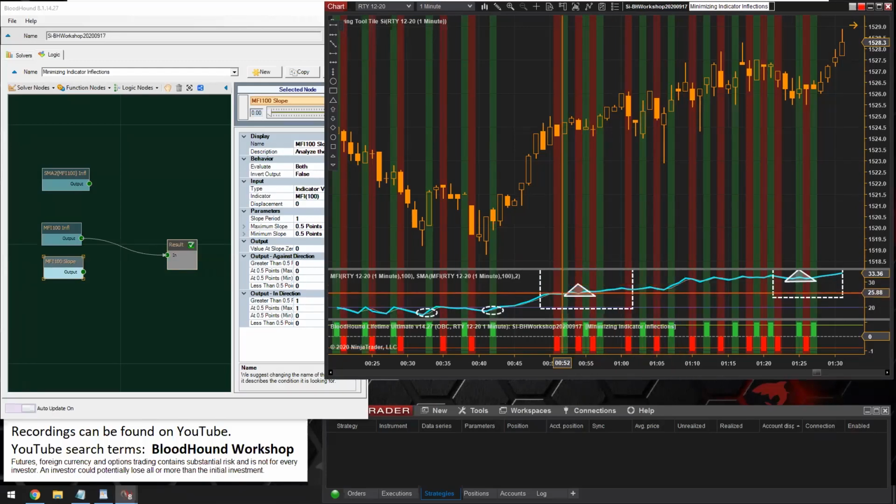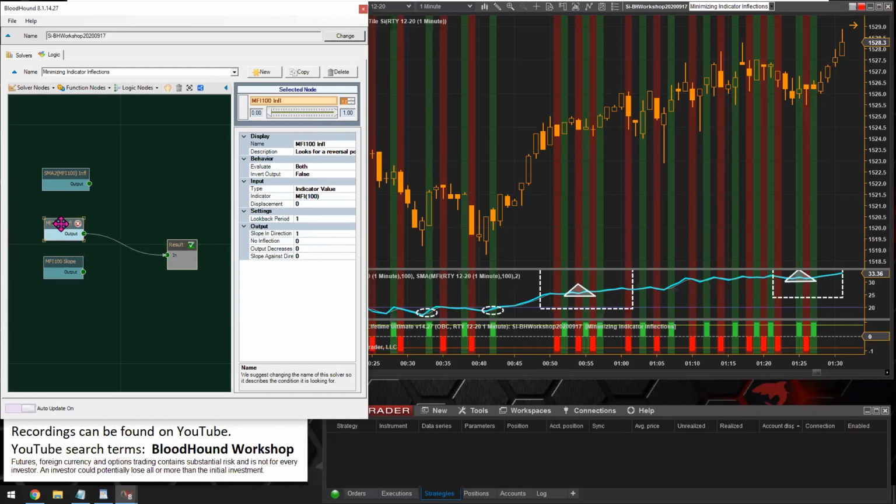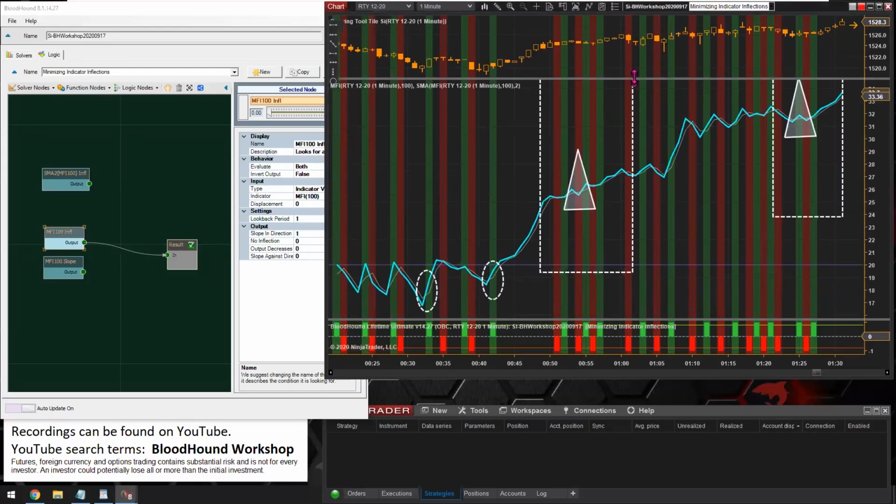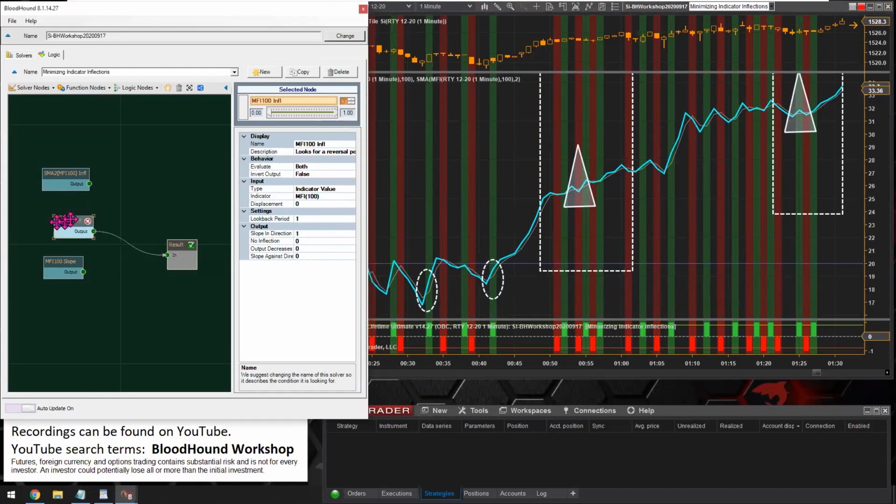And so most notably, we want to get rid of the short output of the inflection solver. That's probably going to be the primary goal, if you're looking at the inflection of an indicator and it's sloping upwards. So again, we're looking at the inflection of the indicator.